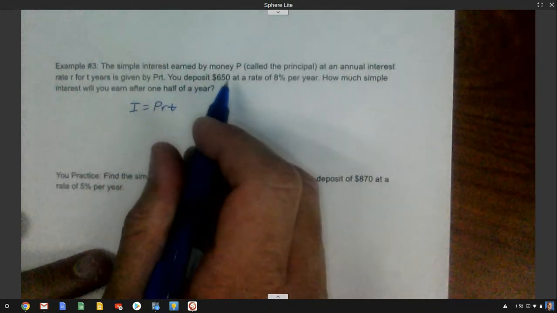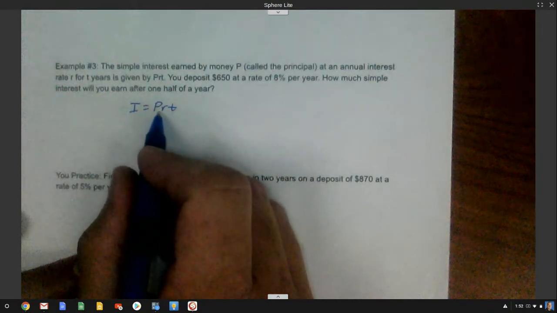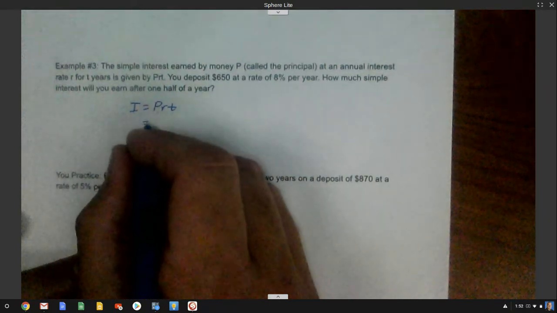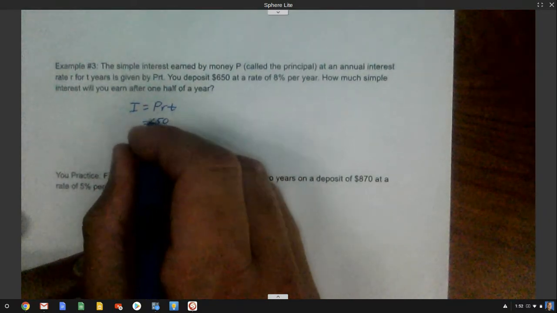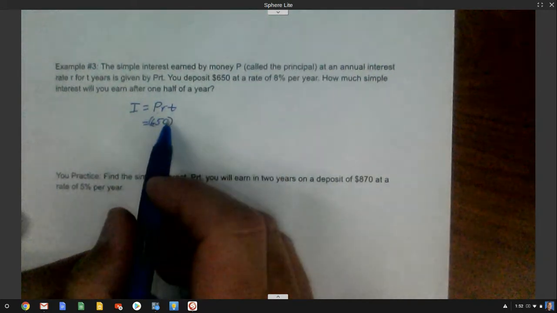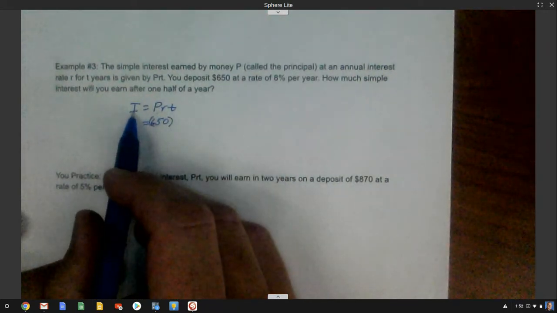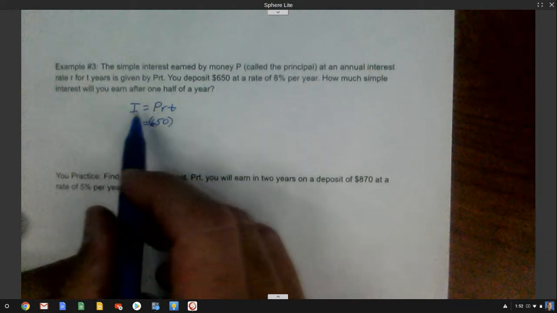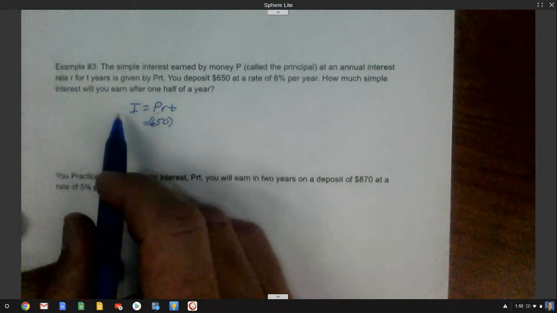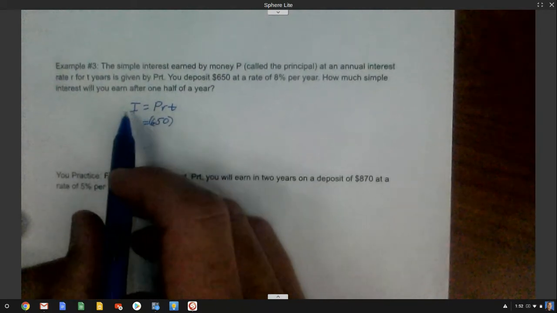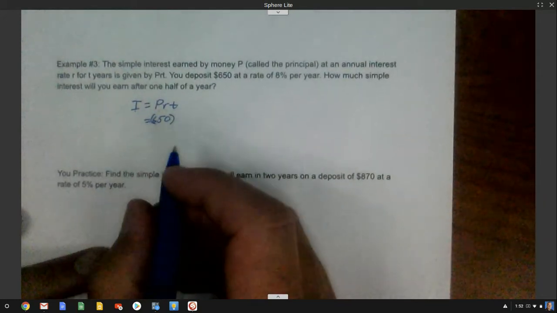So you deposit $650, that's how much you put in, that's the P. So we have $650. Now we're not going to worry about units just yet. I know that interest is also going to be in terms of dollars, because if we are looking for interest from an amount, it's going to be in the amount of dollars.